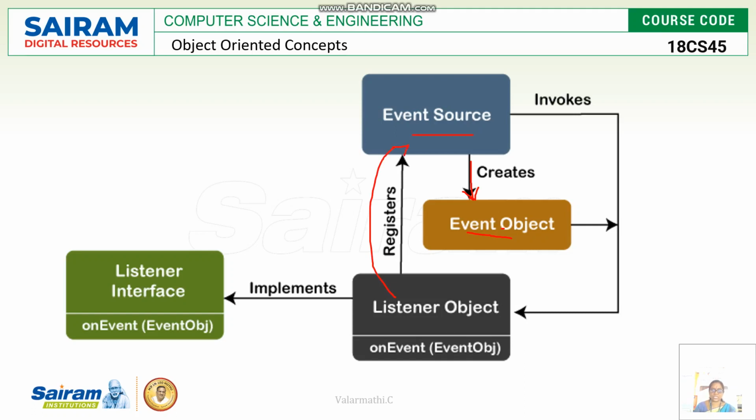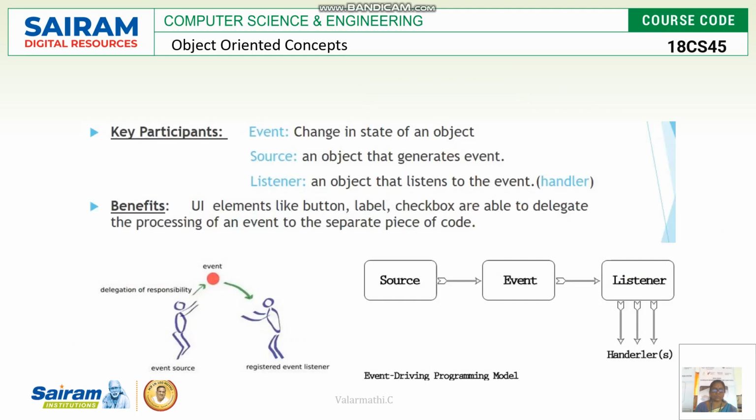Whenever that event is invoked, it will go and see the event source. It will be notified in the event listener. Then it will be implemented in the exact event class. Okay, so this is the relation between these.